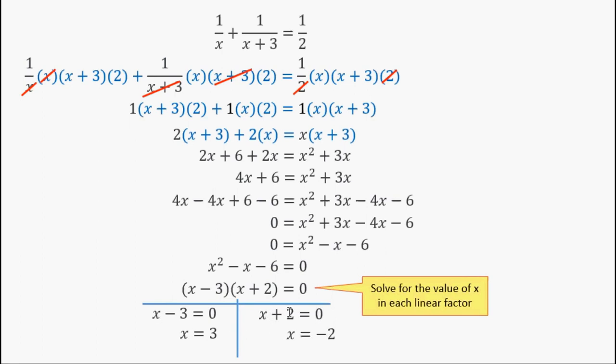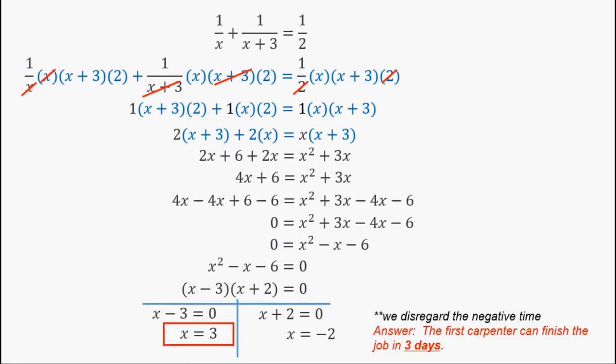And we have x plus 2 is equal to 0. Again, by applying APE, we have x is equal to negative 2. So the roots are 3 and negative 2. But since we are dealing with time, we disregard the negative root, meaning the first carpenter can finish the job in 3 days.